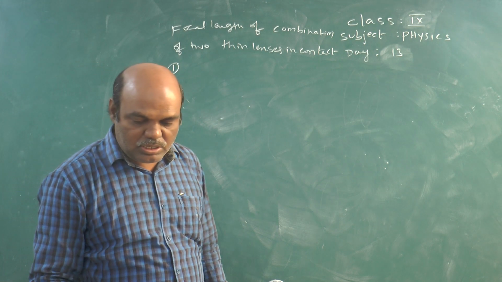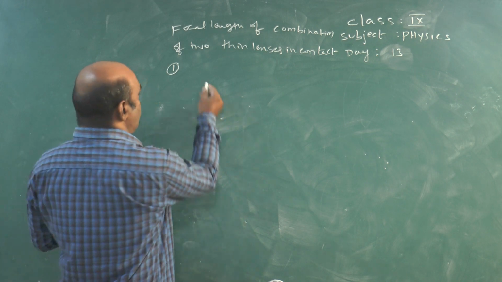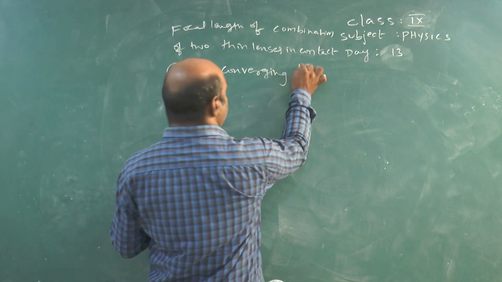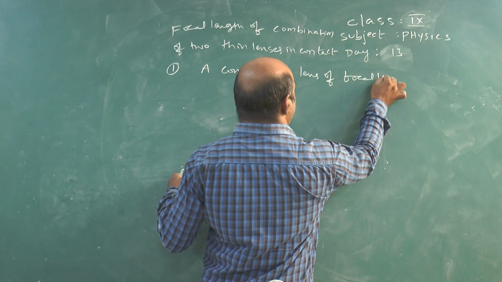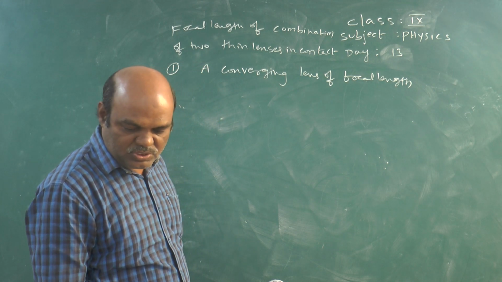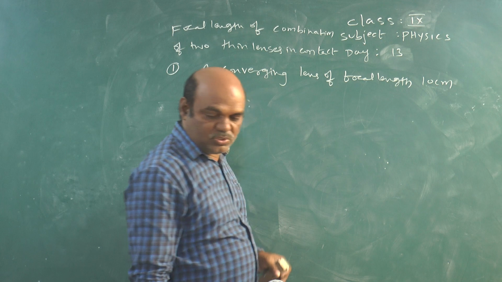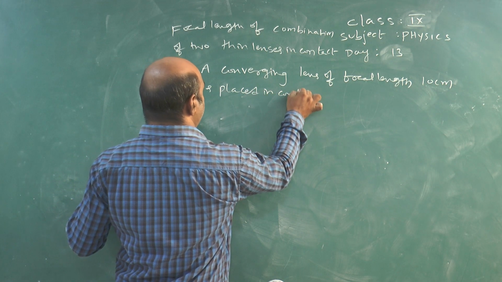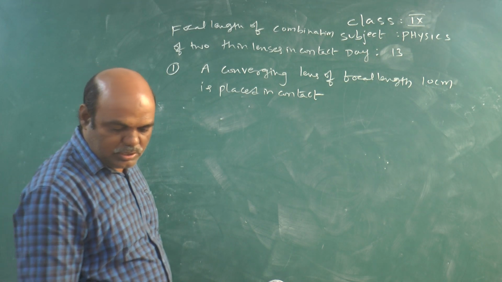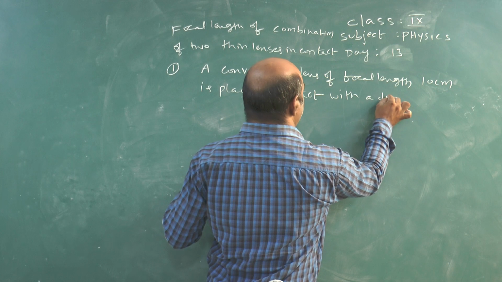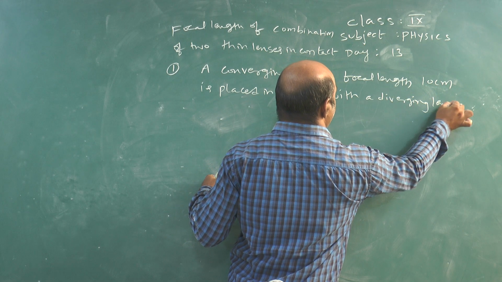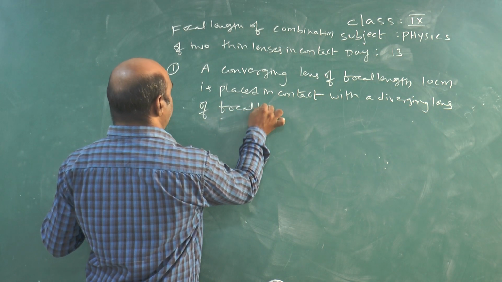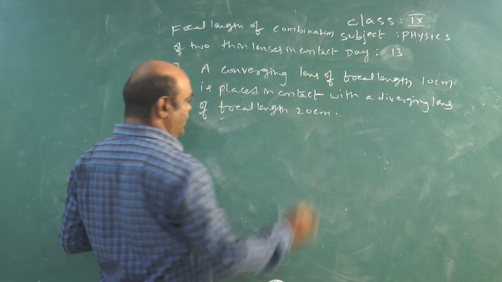First problem: a converging lens of focal length 10 centimeter is placed in contact with a diverging lens of focal length 20 centimeter.